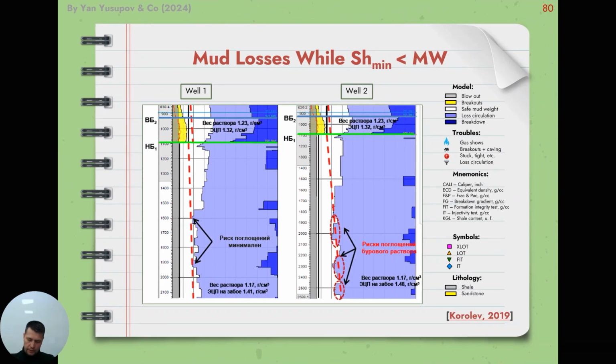This is great work of one of my colleagues from Tumin. He shows that there are very much risks after increasing equivalent circulating density above the profile of SHmin.